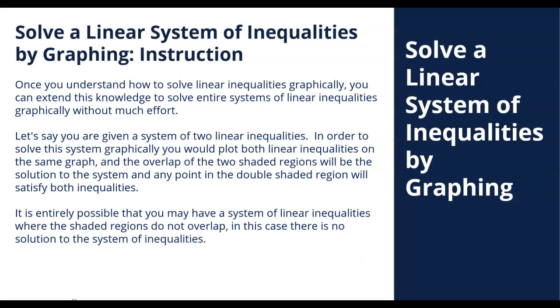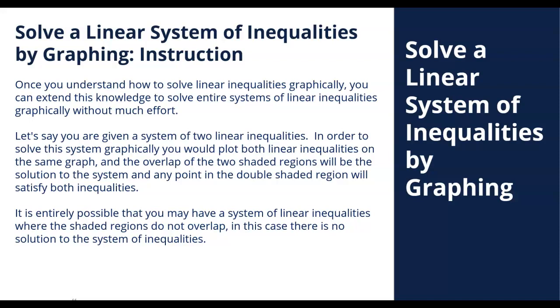Now for our next goal, we want to solve a linear system of inequalities by graphing. We already have discussed how to solve a linear inequality graphically. Now, the next step is to extend this knowledge to solve an entire system of linear inequalities graphically.